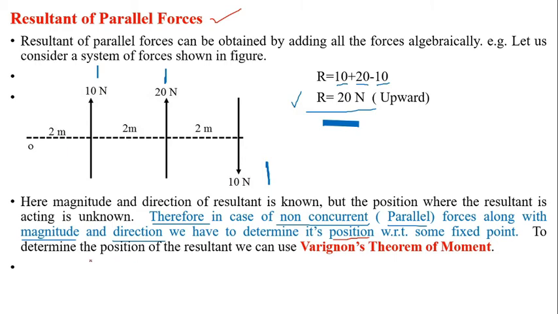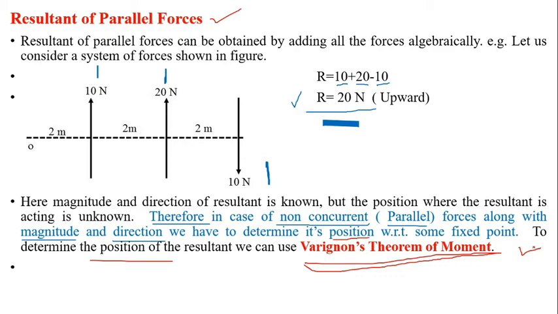To determine the position of the resultant we have to use Varignon's theorem of moment. This is very important. Then we can say that this resultant is acting at so and so distance from point O.